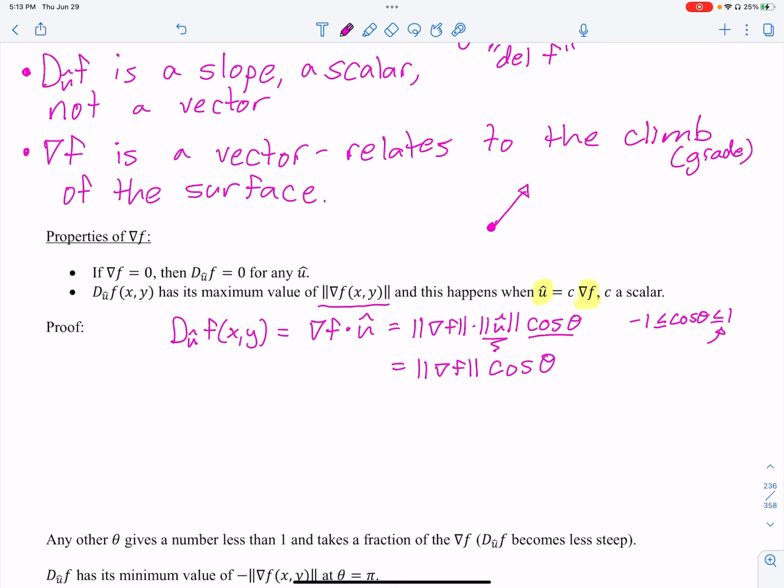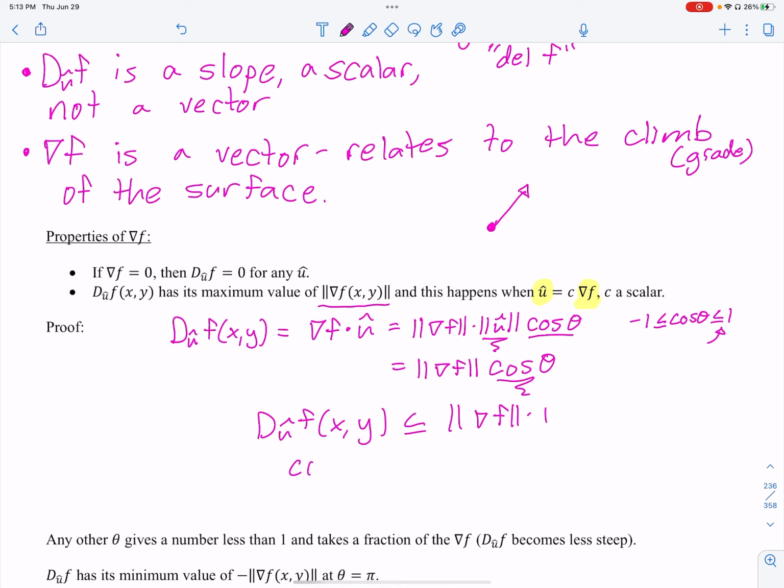So if the biggest the cosine value can get is a 1, the biggest the directional derivative can get is the magnitude of the gradient of f. The directional derivative has to be less than that. So the most it can be is the gradient of f, because the biggest cosine could be is a 1, putting it times 1.